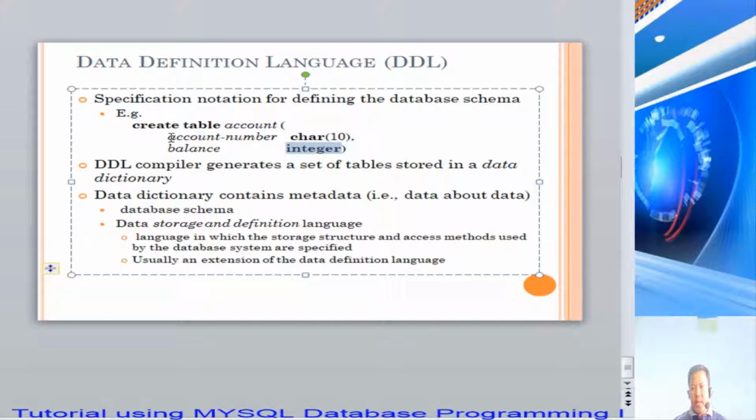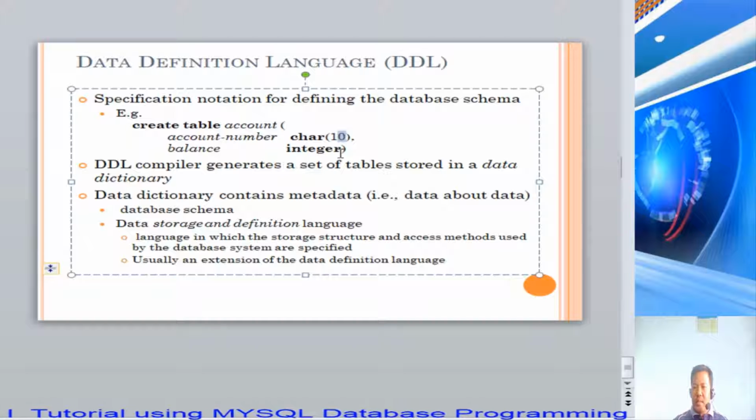That is why we need to define our field names, and then define the data types and the content of those data types. How many characters should this account number hold? And the same is true for balance.